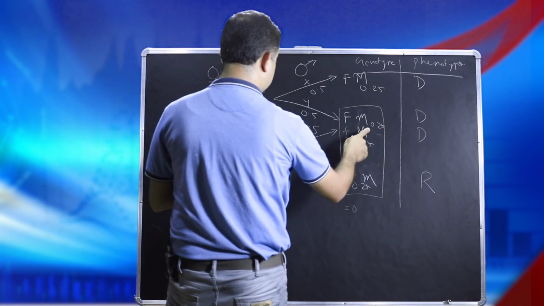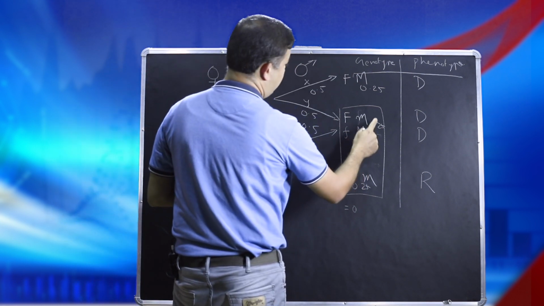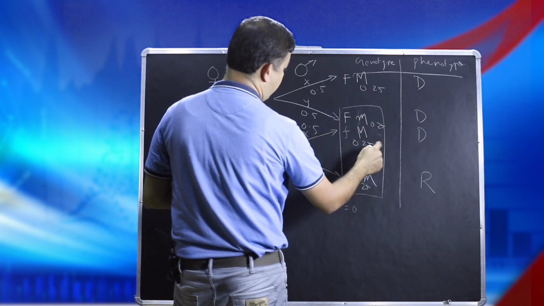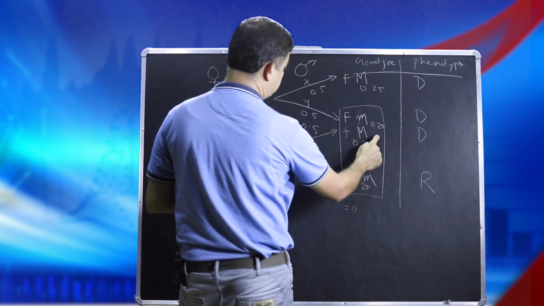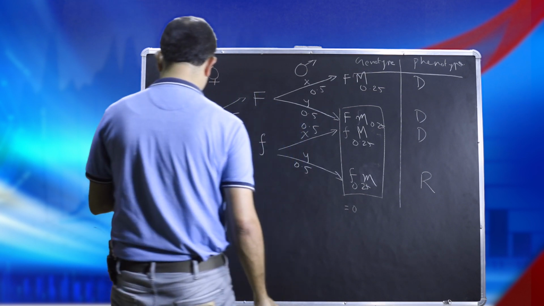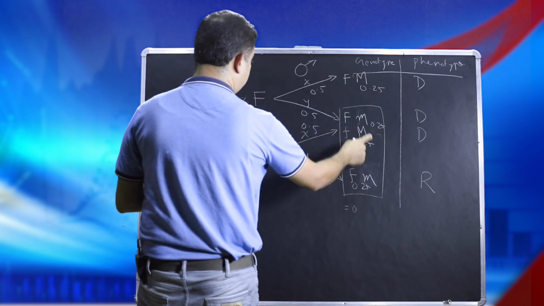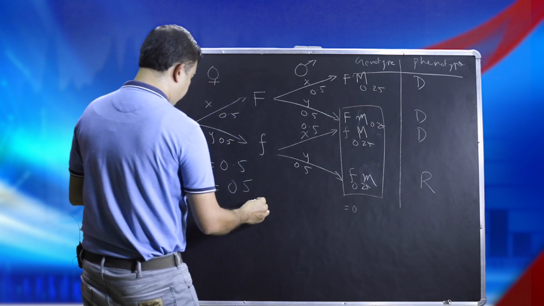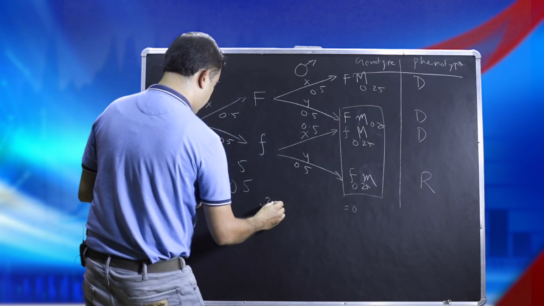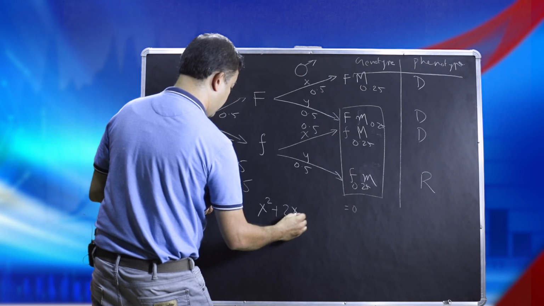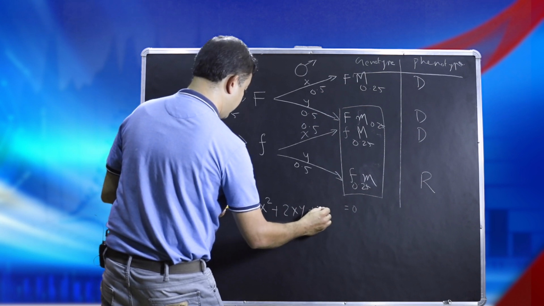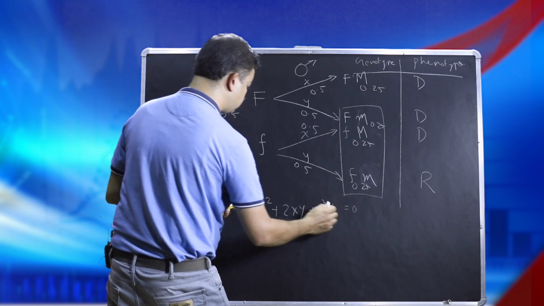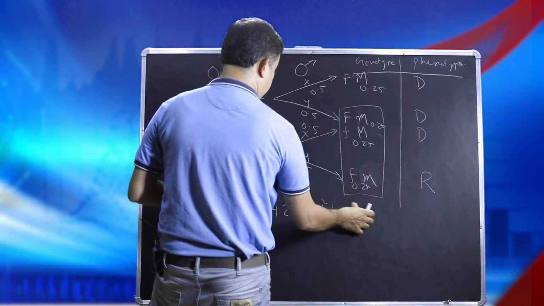If you want 1 and 1 and 1, then you will have to multiply these probabilities together. That is the difference here. So the Hardy-Weinberg equilibrium is nothing but x square plus 2xy plus y square is equal to 1. What does that mean?